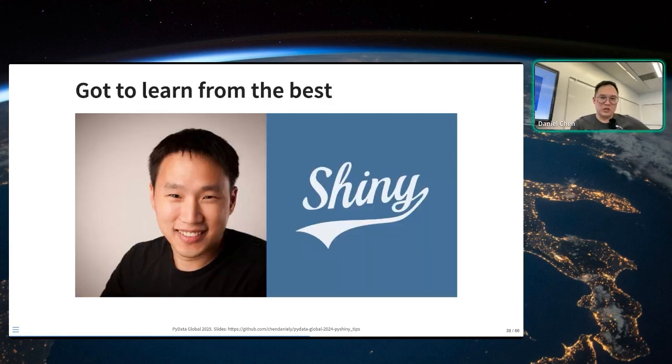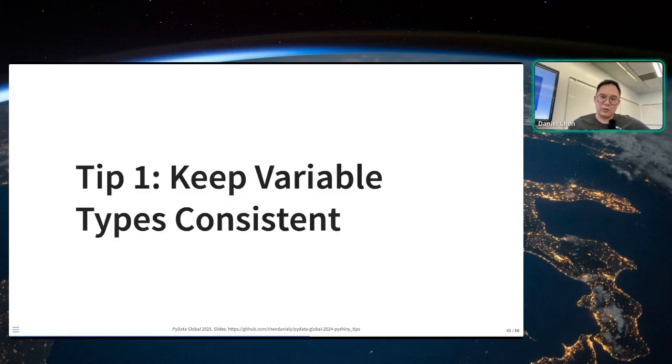I got to learn from Joe Cheng. So he is the current CTO of Posit, but also the original author of Shiny. And so I got to work with him for a little bit and work on this adaptive filters project.